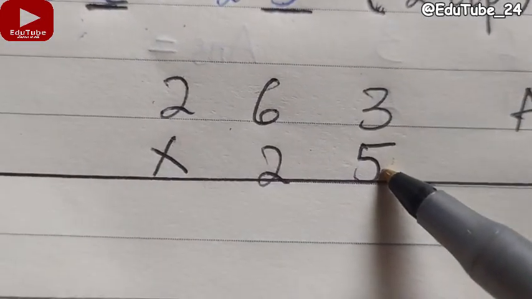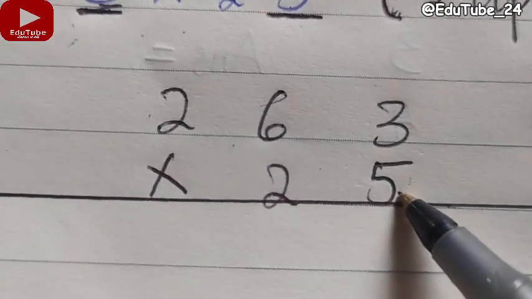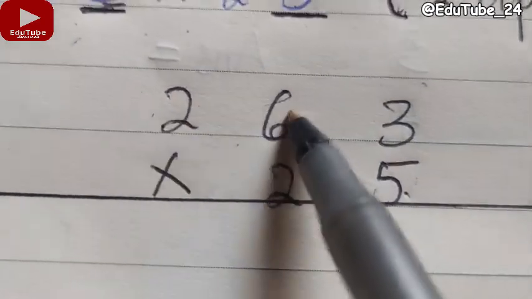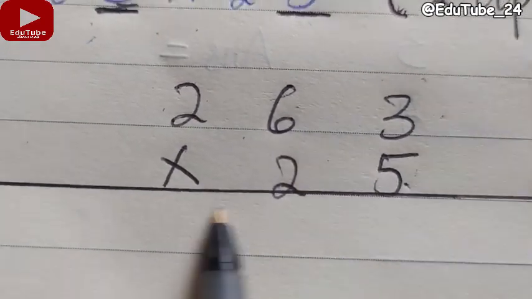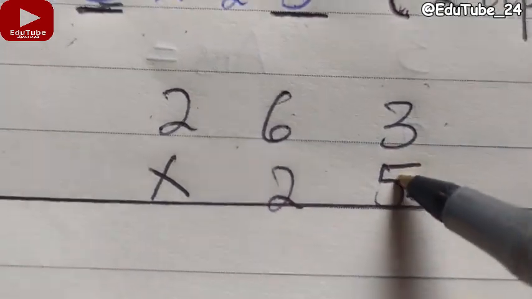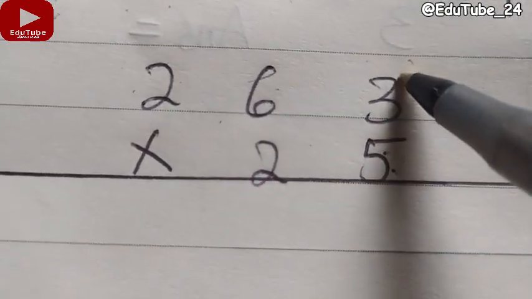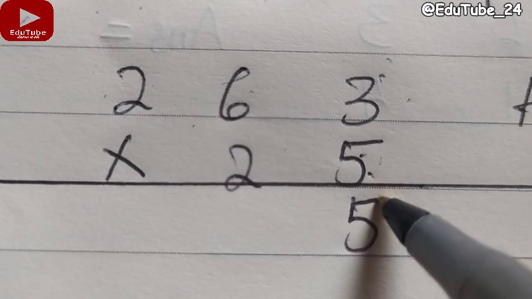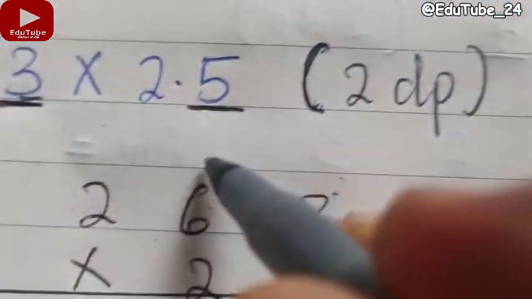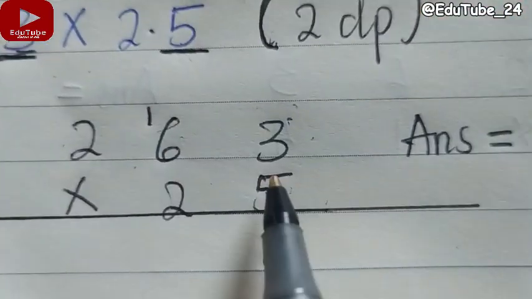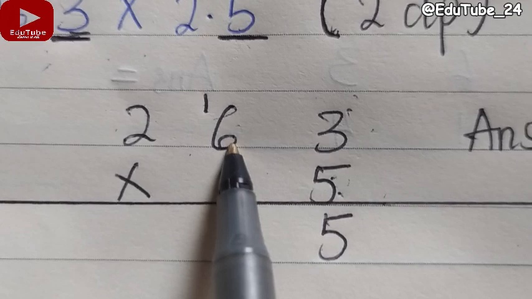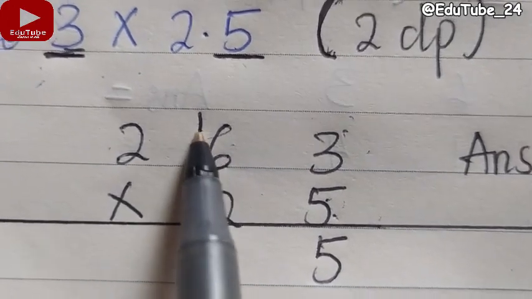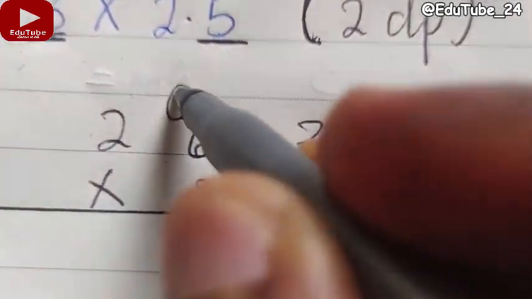So we start from the unit, which is this 5. We use our unit, which is this 5, to multiply 263 and arrange it at the top here. So let's do that. So 5 times 3, that gives us what? 15. I will write my 5 below 5, then I will carry 1 up here. Then 5 times 6, that will give me 30. I will add this one to the 30. 30 plus 1, that gives me what? 31.